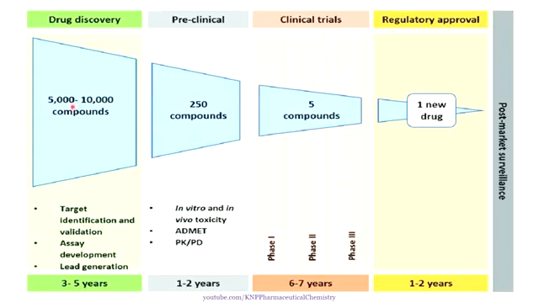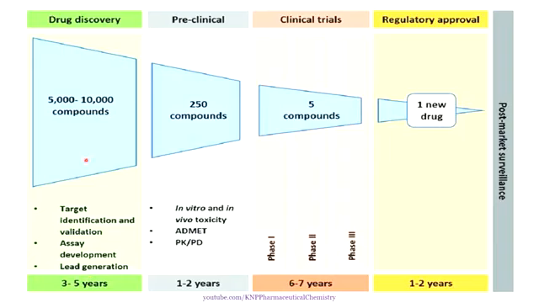You see here the inverted cone. In the initial stages of drug discovery, around 5,000 to 10,000 compounds will be taken, and those will be screened, and various processes will be done. This may take up to 3 to 5 years.